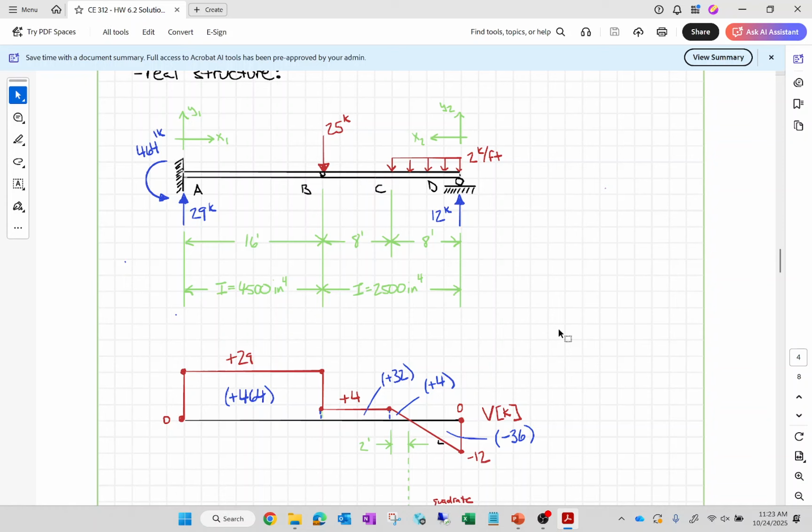You have to use the same thing, okay? It might be easier for this structure to write the whole thing in terms of x1. It might be, but you can't mix up your coordinate systems when you're integrating like this function with this function if they're written in terms of different variables. Does that make sense? Okay.